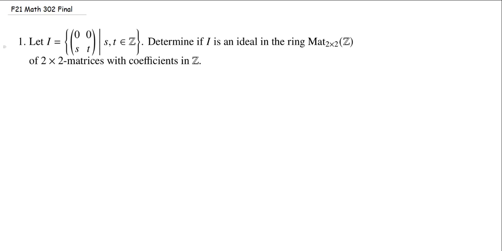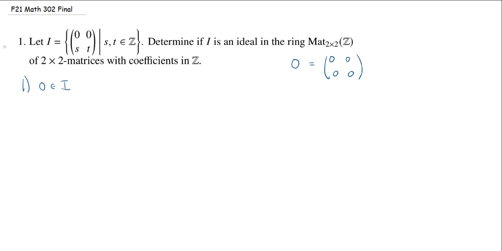Well, in class we gave a list of criteria that we needed to check in order to show something was an ideal. The first thing on that list is we had to show that 0 is an element of the ideal. In this case, 0 is the 0 matrix, the 0 in the ring of 2 by 2 matrices.